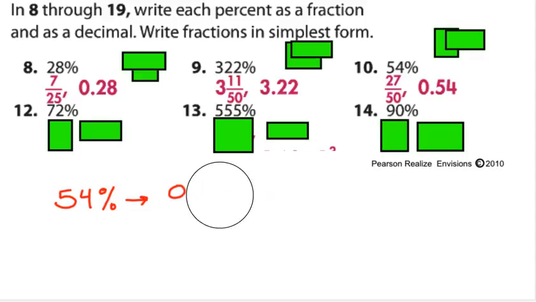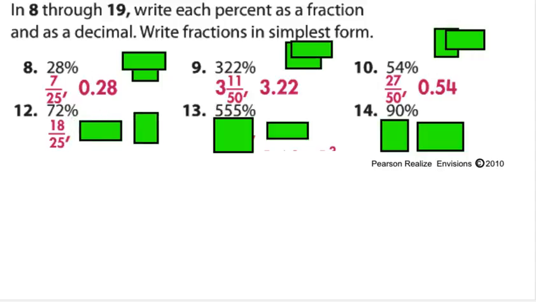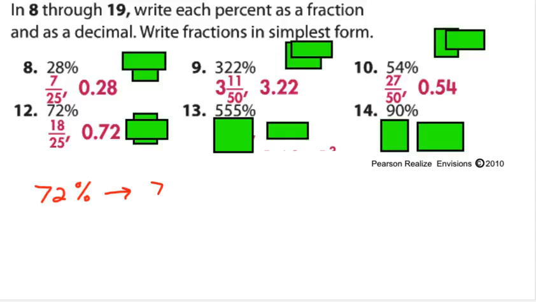The next problem would be problem number 12. And for problem number 12, the fraction is 18/25, and the decimal is 72/100. The way they came up with that, they took 72%, and of course we're following this same pattern where we go from a percent to a decimal to a fraction. So this would be 72/100 as a decimal.